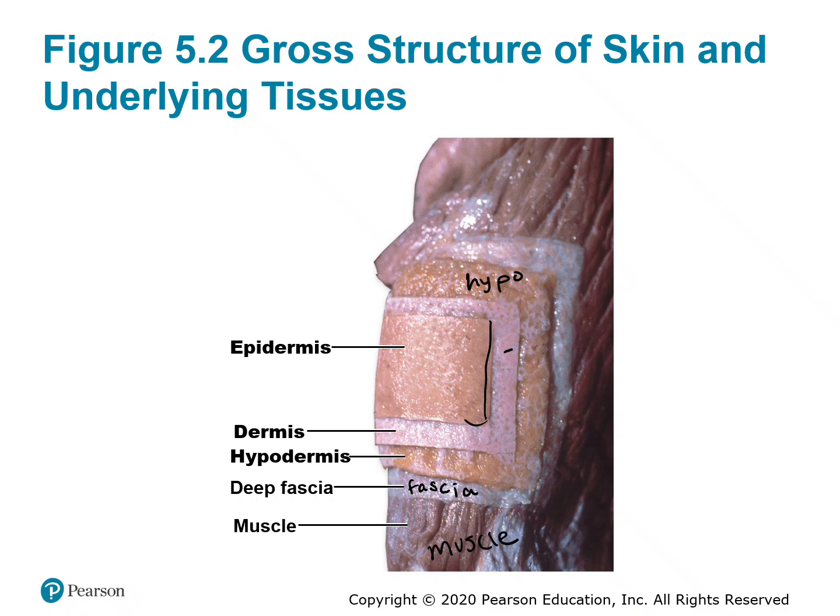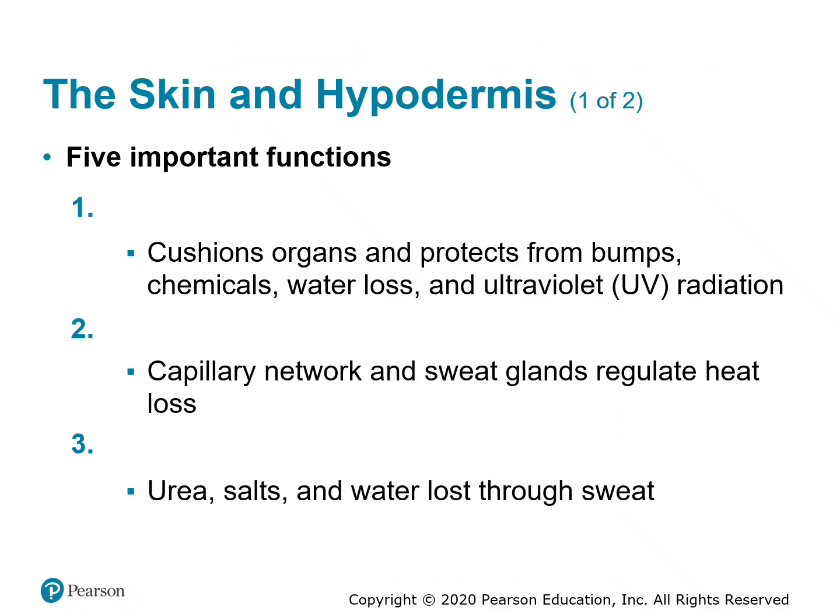So what does the skin do? What functions does it do? Okay. First, and probably one of the most important, is protection. It is the job of the skin to cushion all of your internal organs and protect you from any bumps, bruises, any chemicals, losing water, and any UV radiation.